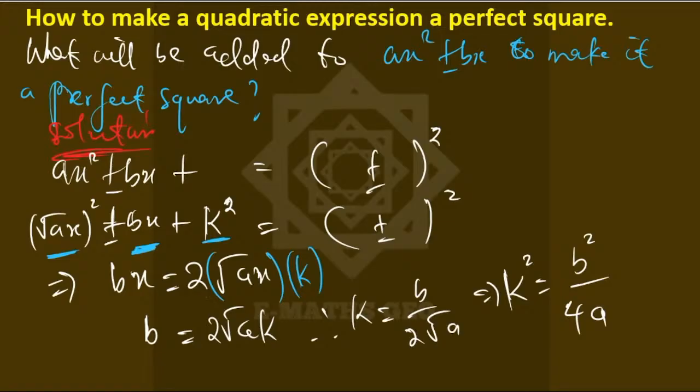So we've gotten an expression. Now we always add this to make a quadratic expression a perfect square. That's how they will ask it: what will be added to this to make it a perfect square?